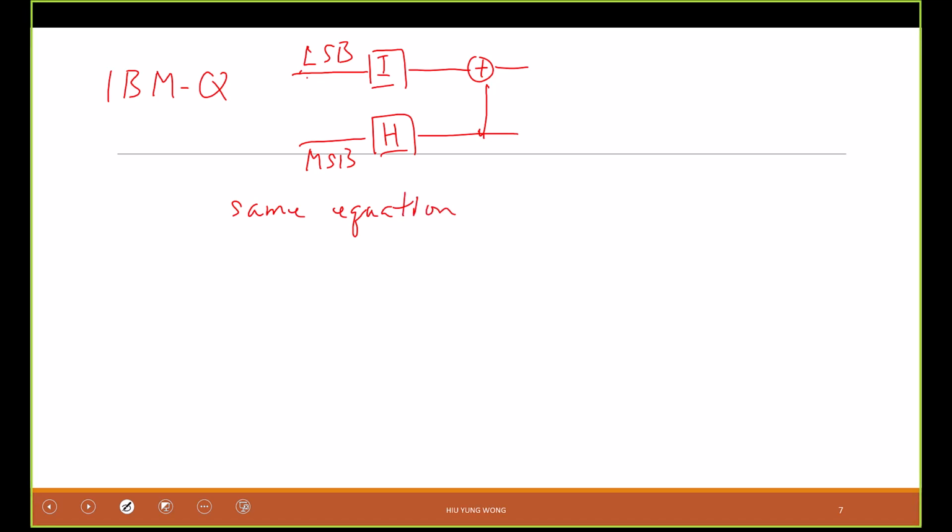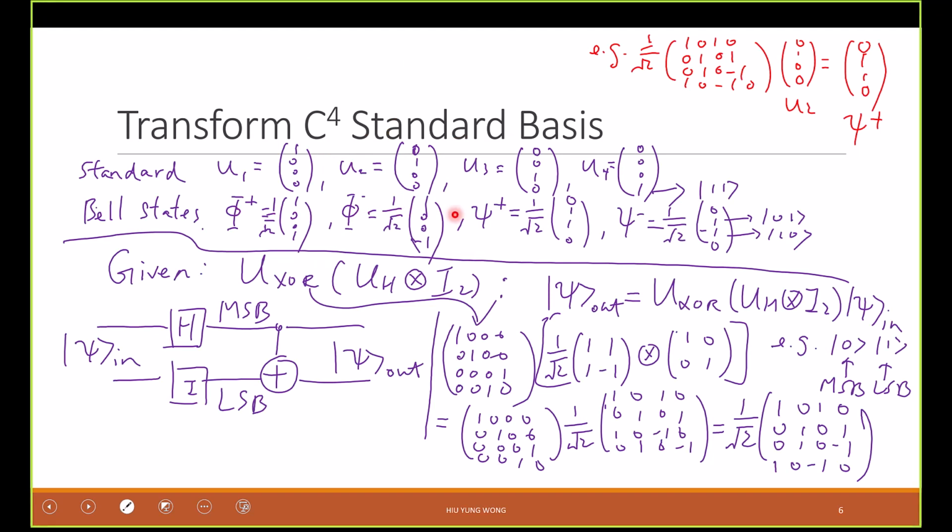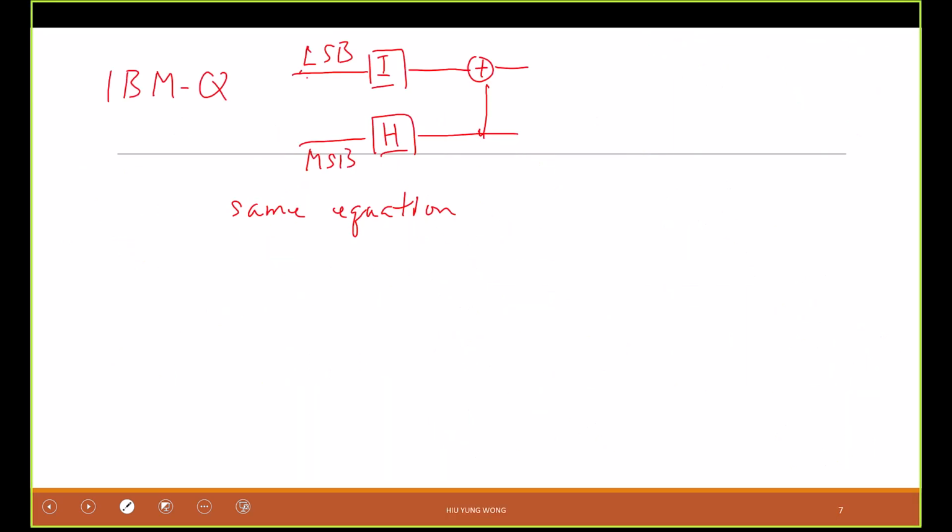Now, the scheme we have been talking about is the so-called little endian. When you write this vector, the one on the right is the least significant. There are some coding schemes where the one on the left is the least significant. That's called big endian. Okay, but we are not going to study that here. Okay, so let's just practice one more time.